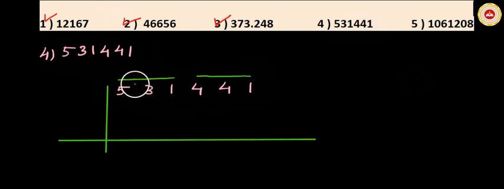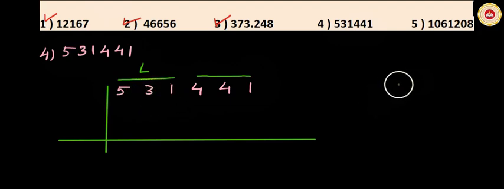Now observe the left-sided group. We are going to evaluate the cube root starting from the left group. What is the left group? 531. So let us find the number whose cube is nearest to 531 but less than 531.